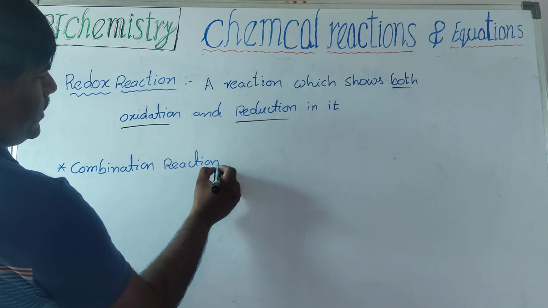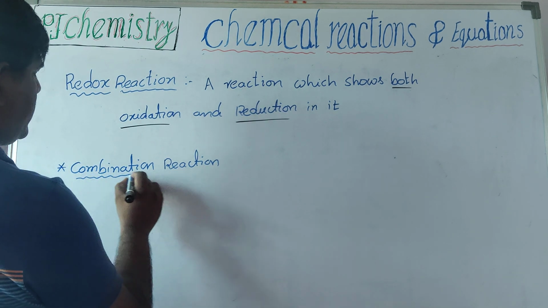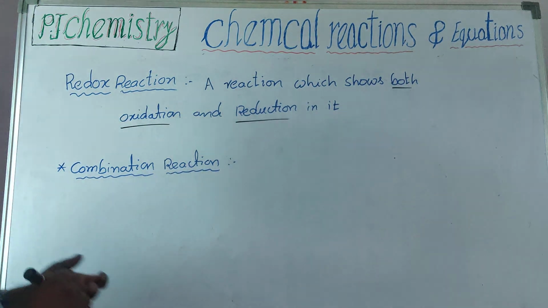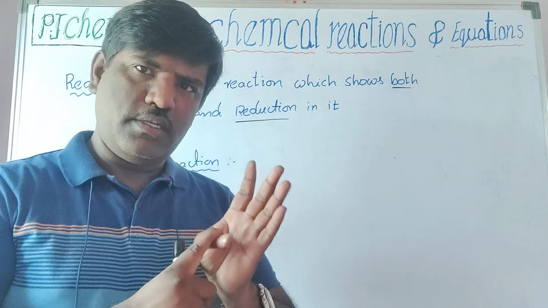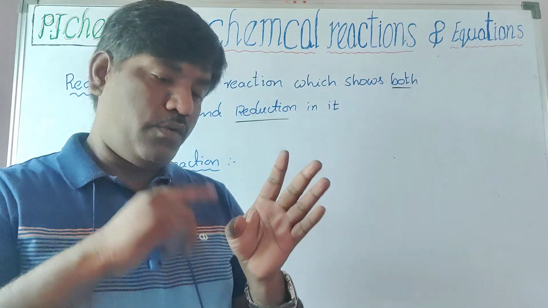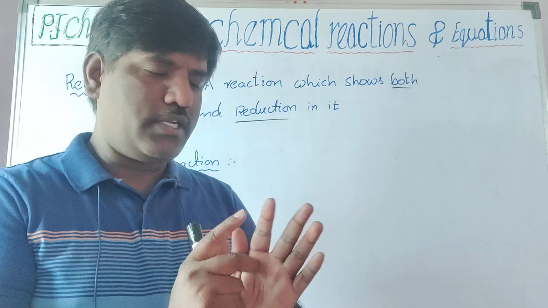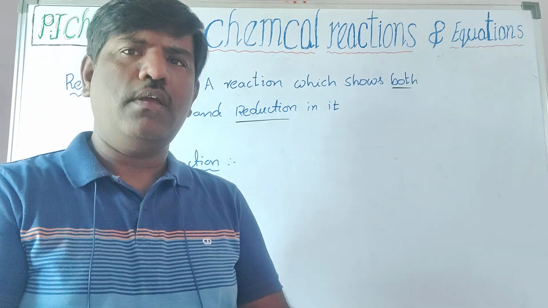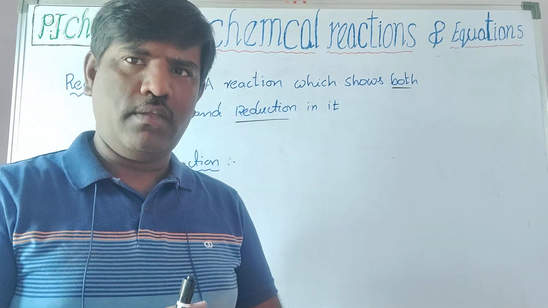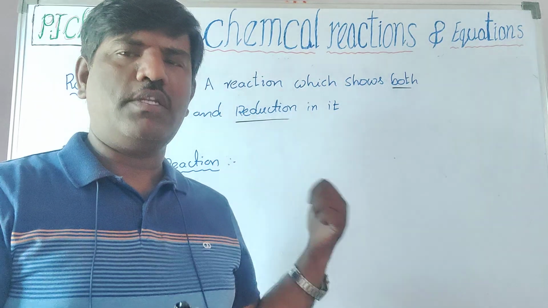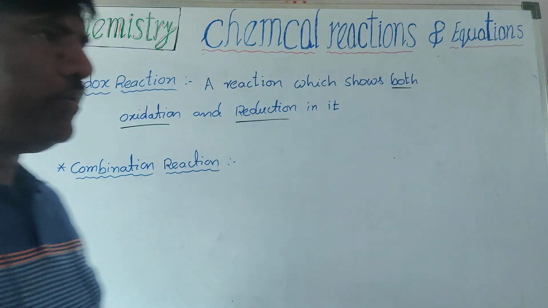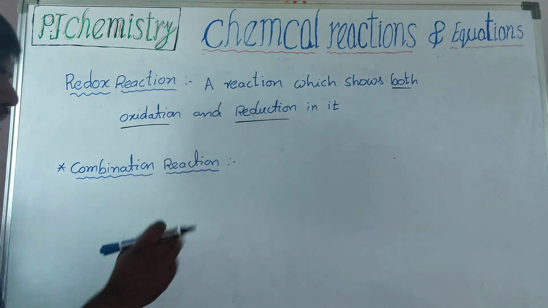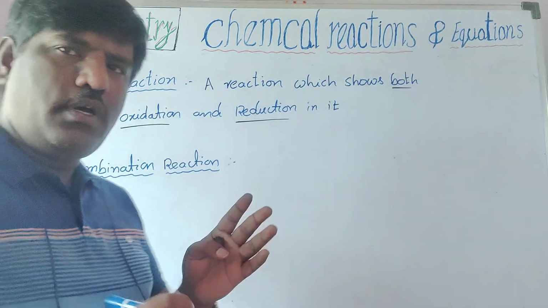Already in the starting classes we discussed that whenever a reaction is proceeding, we need to observe which type of reaction it is. Not only the particular type of reaction, are there any other types? Energy released means exothermic, energy absorbed means endothermic. Now oxidation and reduction, that also we need to observe. Related to combination reactions, it is very easy to identify.